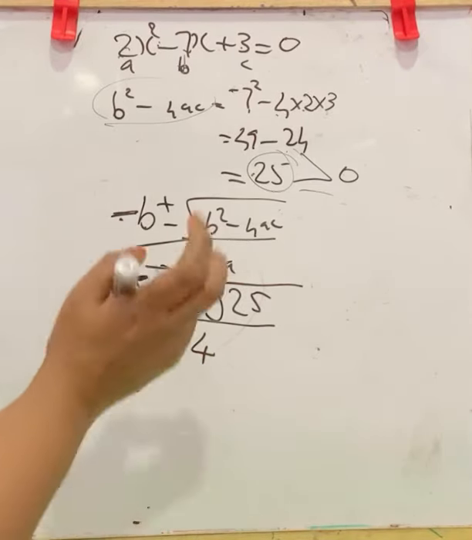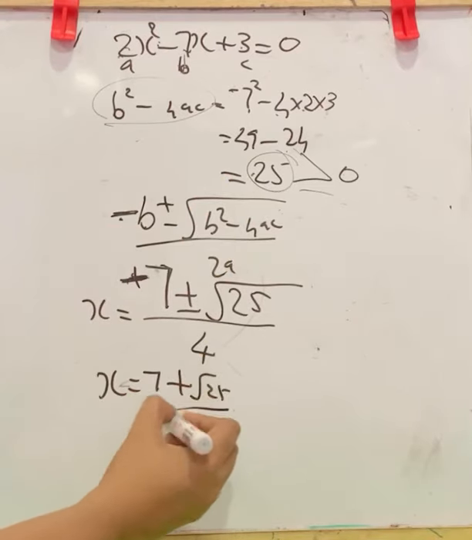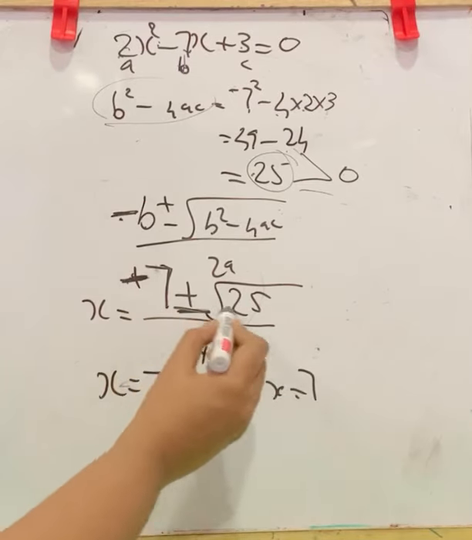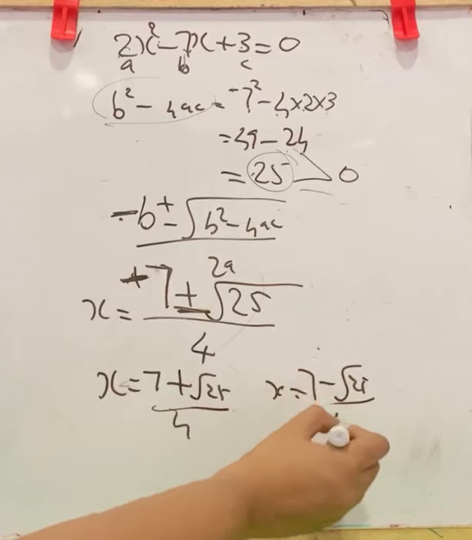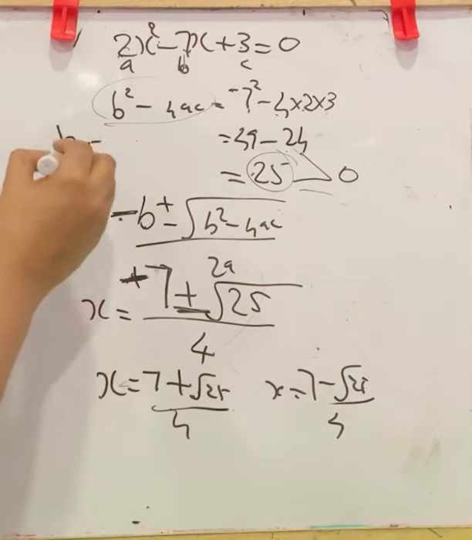Now x has two conditions. The first one is 7 plus root 25 by 4, and the other is 7 minus root 25 by 4. Root 25: we know 5 5s are 25, so pair the 5s, take one 5. So root 25 is 5.